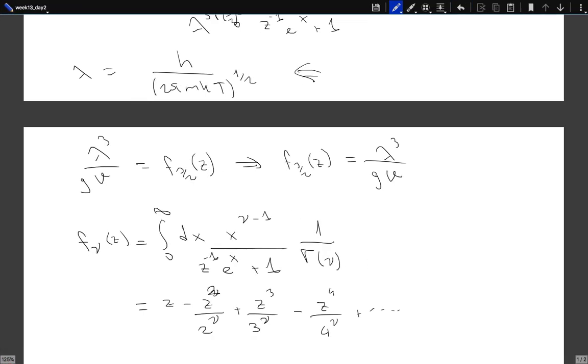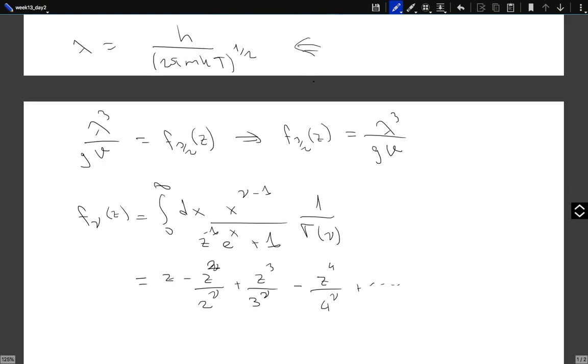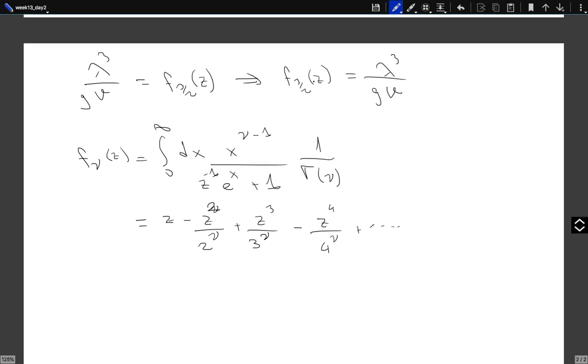So although before I claimed that the large temperature limit corresponds to small z, here this is the proof. Now, like in the case of the bosons, in the strict large temperature limit, f 3/2 of z, which is approximately z, is just lambda cube over g times v.